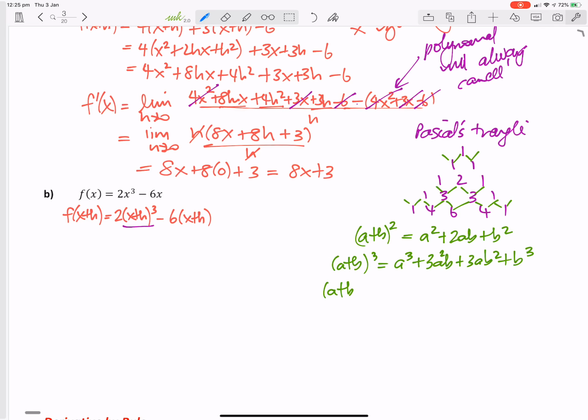If you have a plus b to the power of 4, well, that's a to the 4 plus 4 a to the 3 b to the 1, plus 6 a to the 2 b to the 2, plus 4 a b cubed, and then plus b to the power of 4.